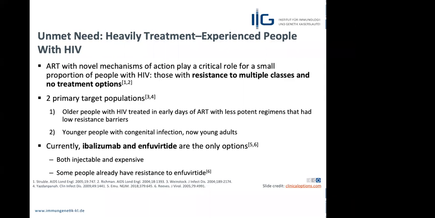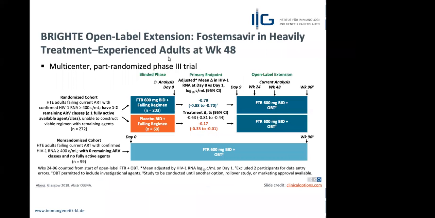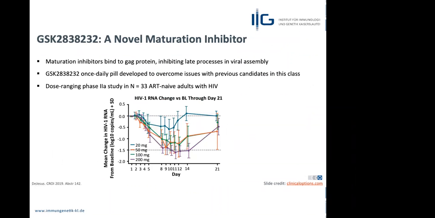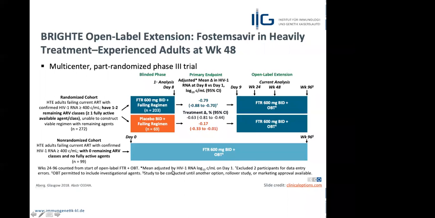So they are there, and now we do have some drugs at hand. Fostemsavir is one of the latest drugs, with this randomized trial for drug-resistant viruses after treatment failure. We do see that it was really an option for some of these, and that it was really effective.